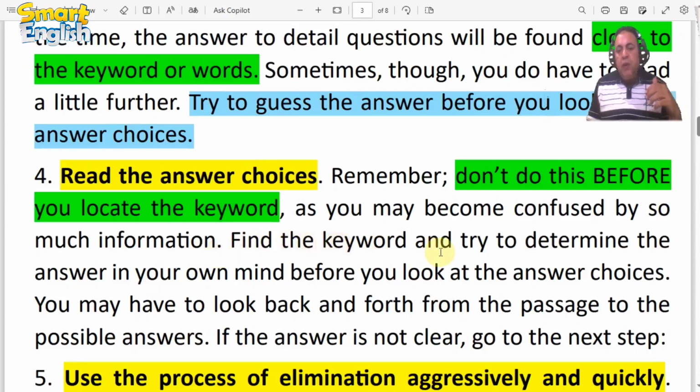Find the keyword and try to determine the answer in your own mind. As we said before, you have to summarize what you understood from this certain text that contains the keywords, okay? And after you summarize the general idea in your mind, go to the four choices. These are the steps you have to follow, okay?